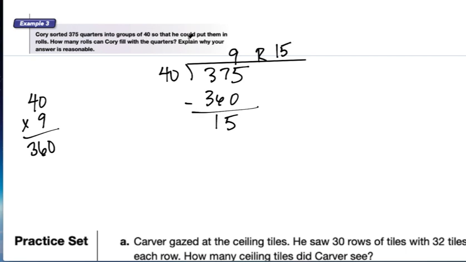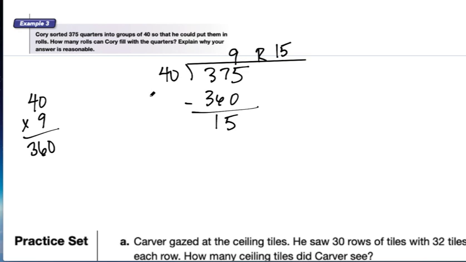So how do I know that this is true? Because I know 9 times 40 gives me 360, and I can see the 15 that would be left over. Our answer seems reasonable because I said so. No, it seems reasonable because we reasoned correctly in terms of multiplying and dividing and getting our answer.